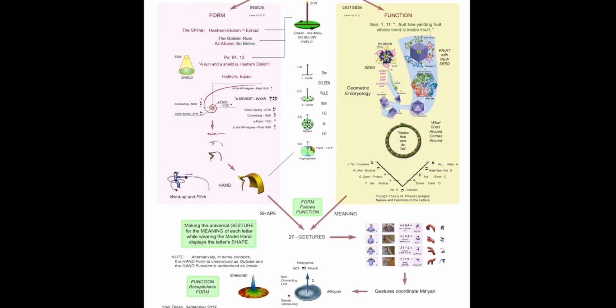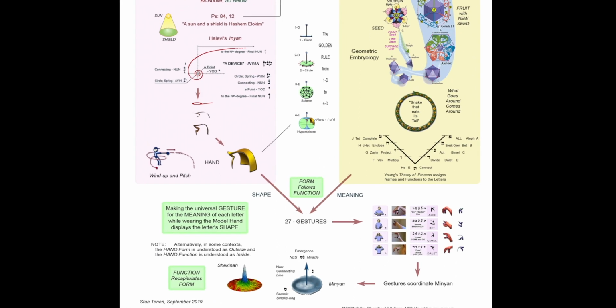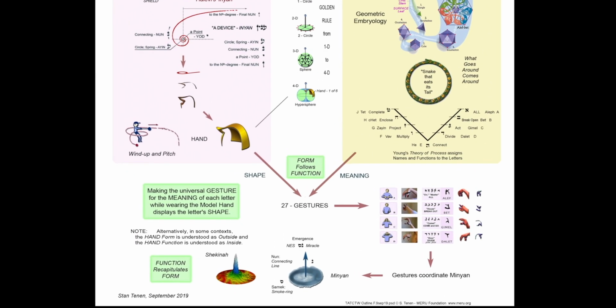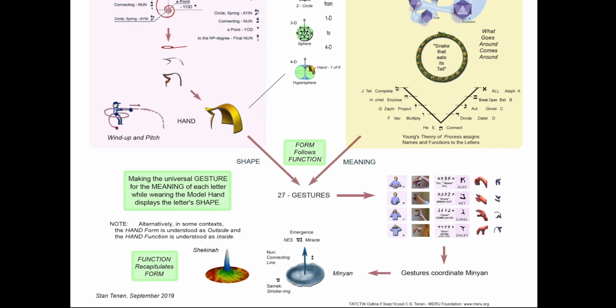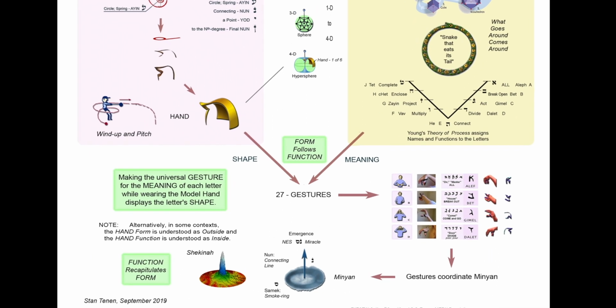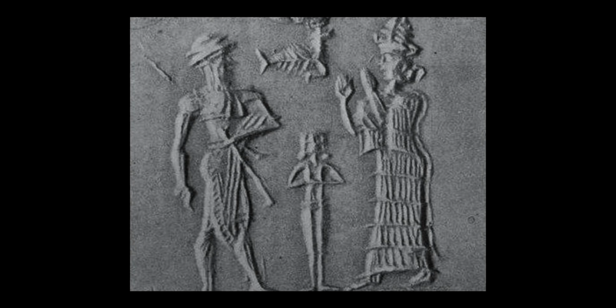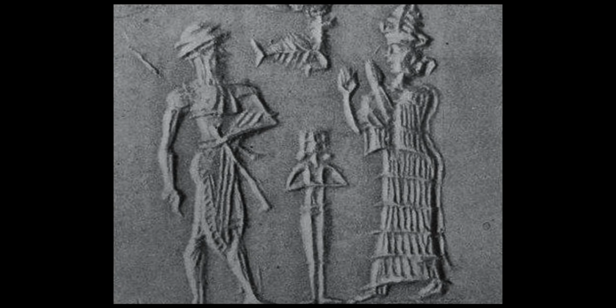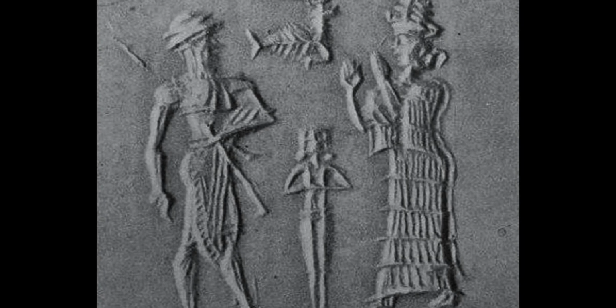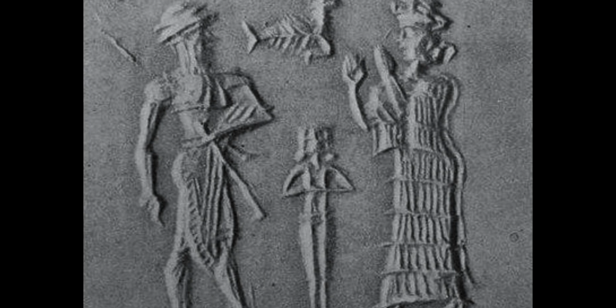You put the shape together with the list of meanings. You express the meanings as gestures, and you have a natural universal language that anyone can understand. If you go from country to country, from city-state to city-state in the ancient world, you can talk to the natives by making universal gestures, and you can translate it into their language pretty easily also.